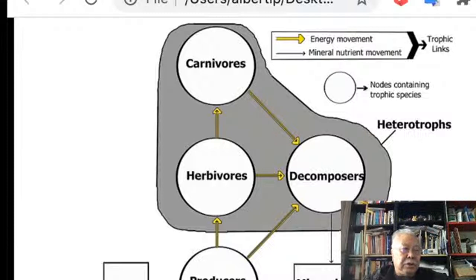Obviously, we need the producers. The producers, many of them are very small. For example, the planktons in the oceans, the mosses, etc., the plants, and then we have the herbivore animals, the cow, the sheep, etc., eating all this, and then we have a smaller amount of hunters which will hunt down these herbivores in order to feed.